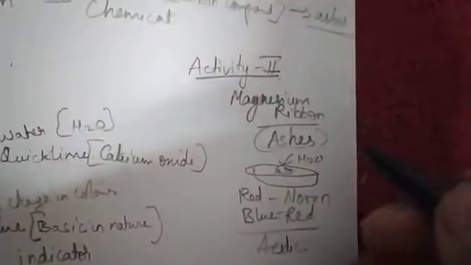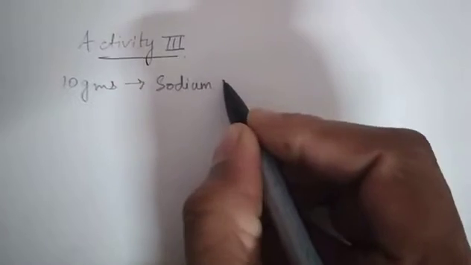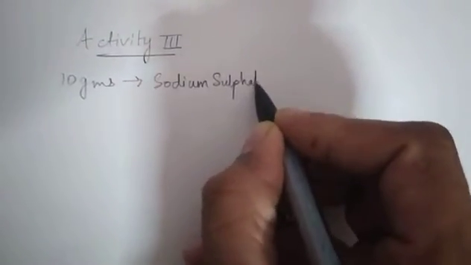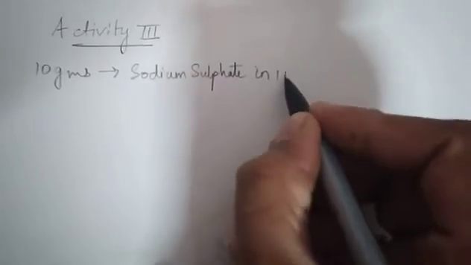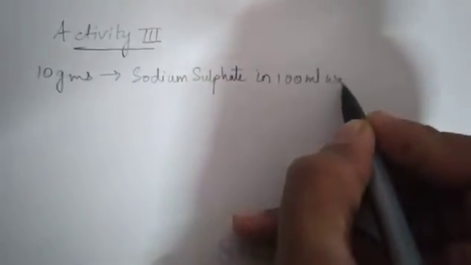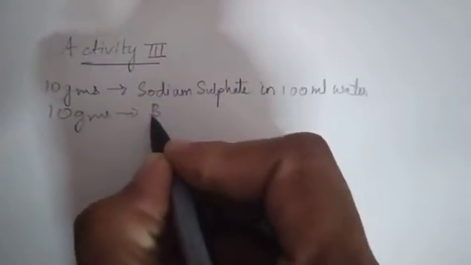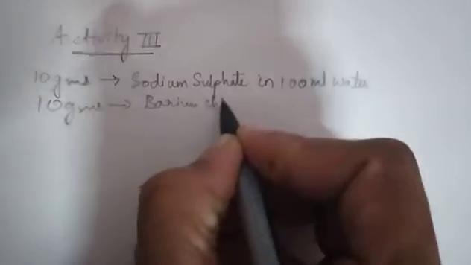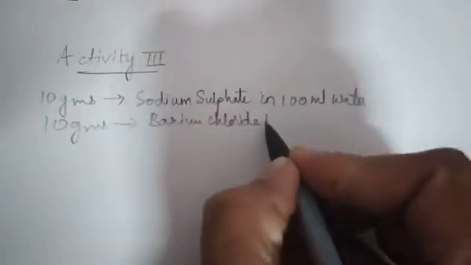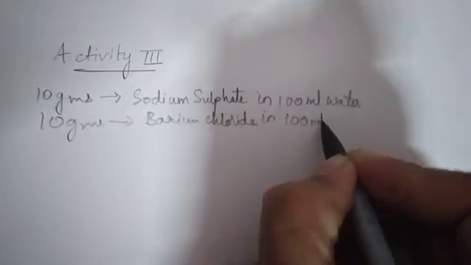Next we'll go to the third activity. So here in activity 3, take 10 grams of sodium sulfate in 100 ml water, and 10 grams of barium chloride in the same 100 ml of water.